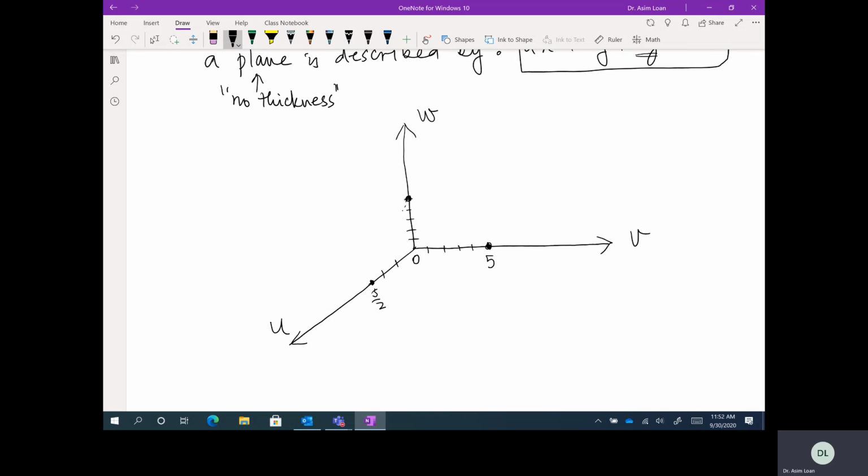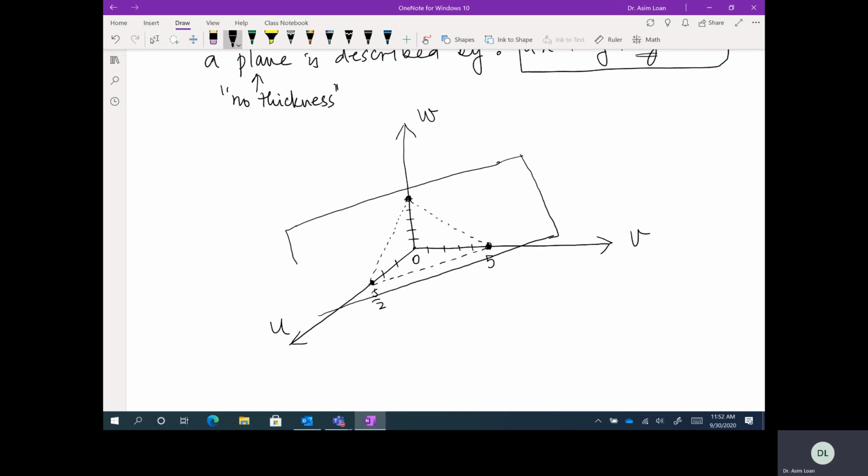So this triangle is in the plane, right? What I can do is simply extend this one, so I can draw this thing here, and this thing here, and then I say, this is my plane.